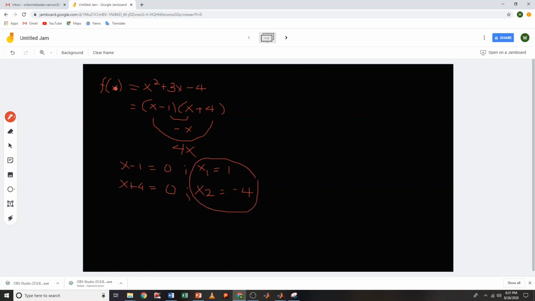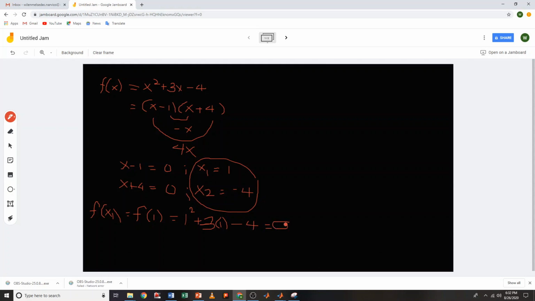Okay. So if this is now the root of the function, we have to substitute here, for example, f of x1. So f of x1 is equal to f of 1. So that is equal to 1 squared plus 3 times 1 minus 4, so that eventually is equal to 0.